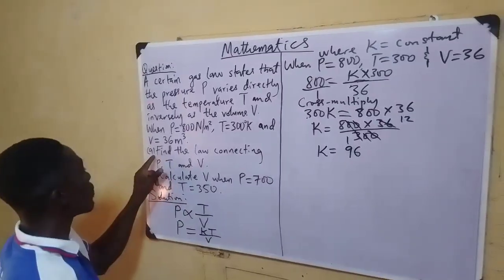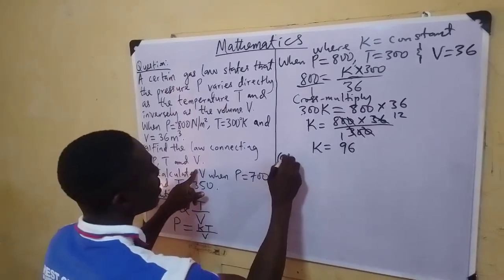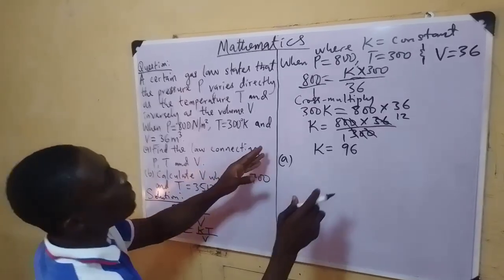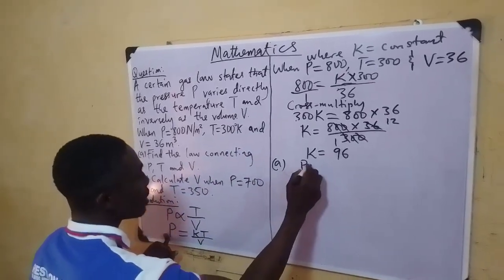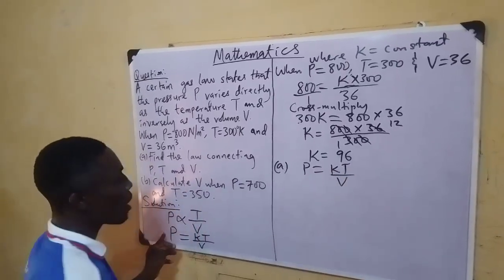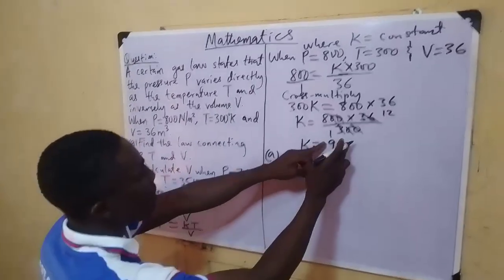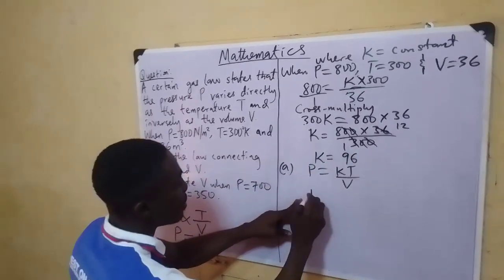But the first question says, find the law connecting P, T, and V. So how do you get this? We simply go to this formula that we got here, P is equal to KT over V. When you get this formula, you replace the K there with 96. And that becomes it.